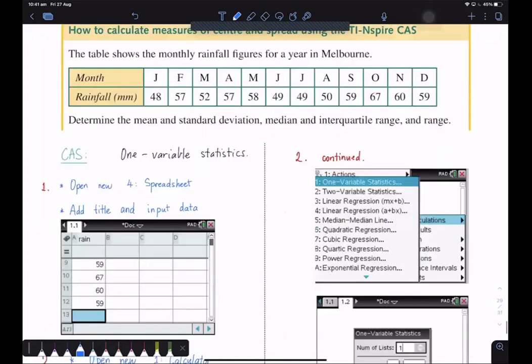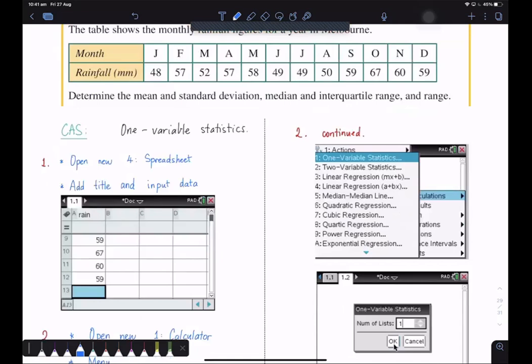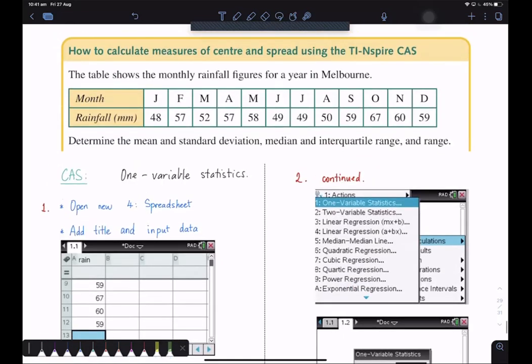Now, it says here, the table shows the monthly rainfall figures for a year in Melbourne. So January, February, March, April, May, June, July, August, September, October, November, December. And you can see this is how much rainfall there is.